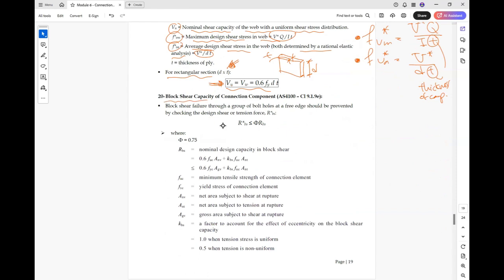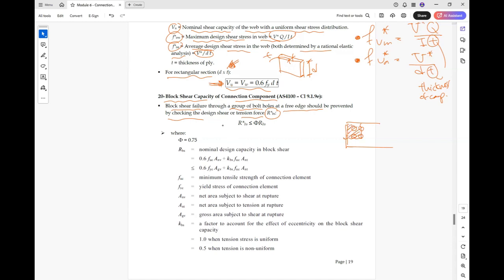For block shear failure, or the block shear capacity of the connection, block shear failure through a group of bolt holes at a free edge should be prevented by checking the design shear or tension force R star_bs. So similar to before, if you have a group of bolts here, it might shear like this and lift the member.